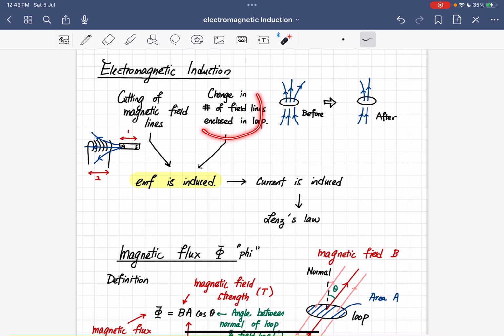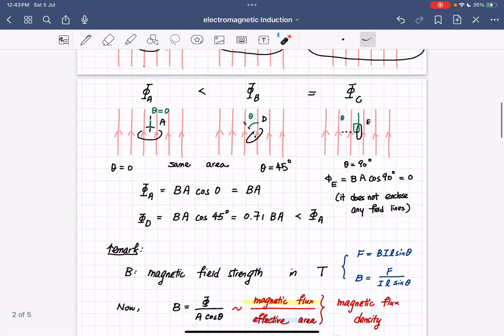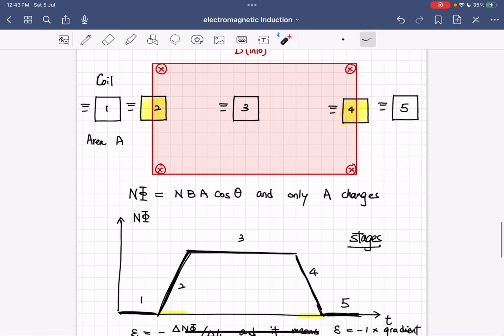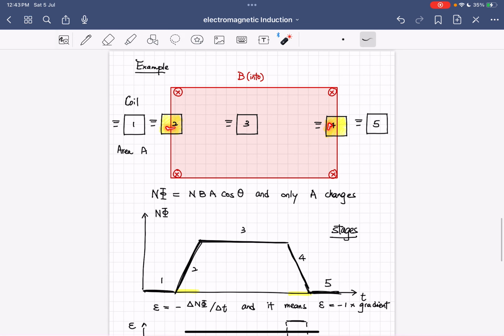Or when there is a change in the number of field lines enclosed in the loop, then there will be EMF induced. Now mathematics tells us that you have EMF induced here and here. Is this the same coincidence that there is a cutting of magnetic field lines? Is there any cutting of magnetic field lines only in 2 and 4? I think yes, right? Because the magnetic field is here.